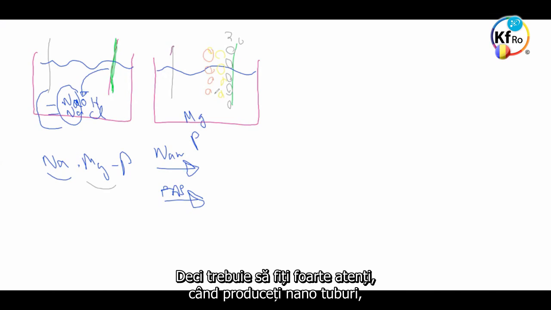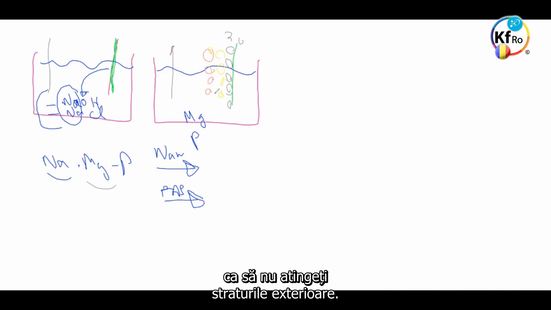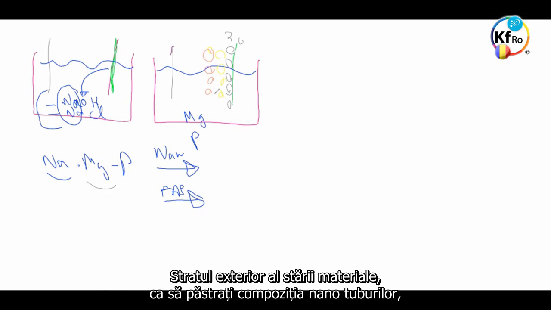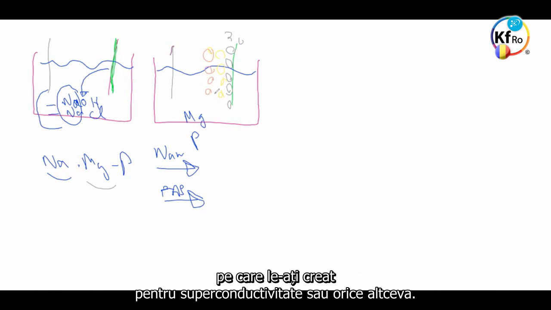So you have to be very careful when you're producing nanotubes that you don't touch that outer layer of the matter state, so that you can keep the composition of the nanotubes which you have created for superconductivity, whatever.